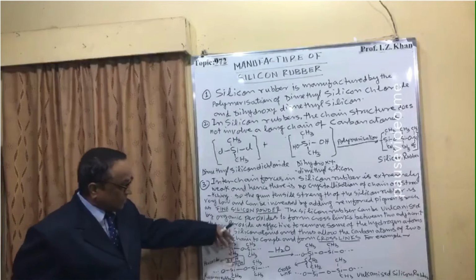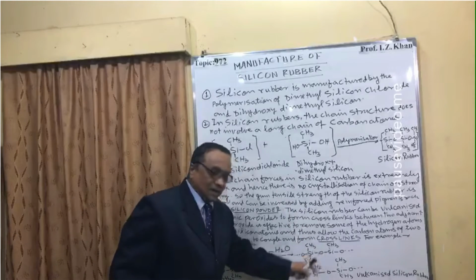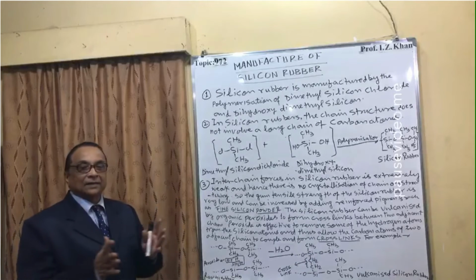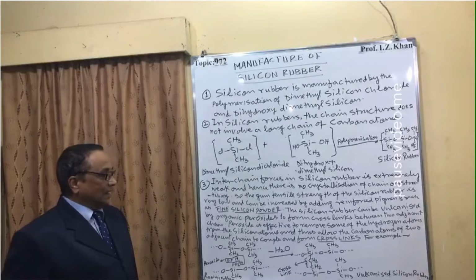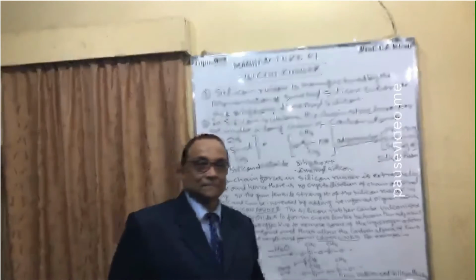So these two molecules of silicone rubber will be coupled, and there will be cross linking, and the example I have already explained.